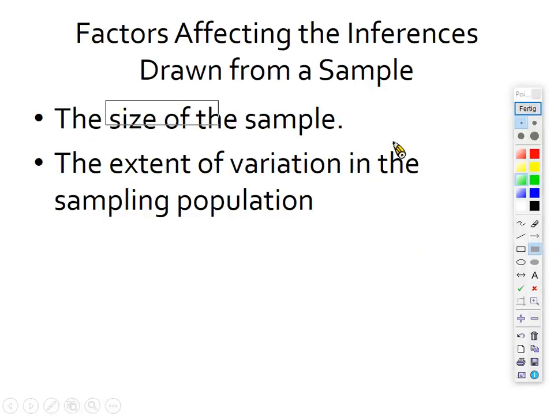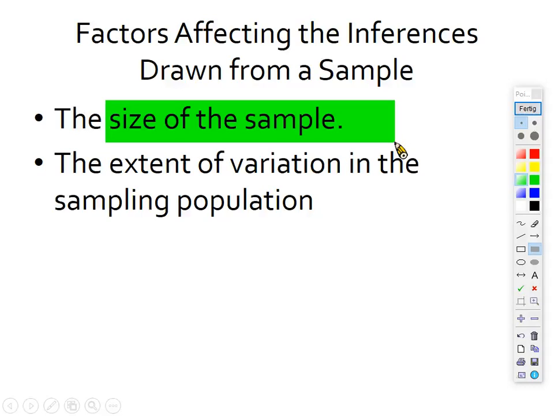Basically the size of the sample. The larger the better. And the other one is the extent of variation in the sampling population. Variation. If we want to compare only the gender differences, it will be much more precise, right? But if we use the same sample size to estimate the difference among departments, then we have 12 variations out there. So that would be more difficult.